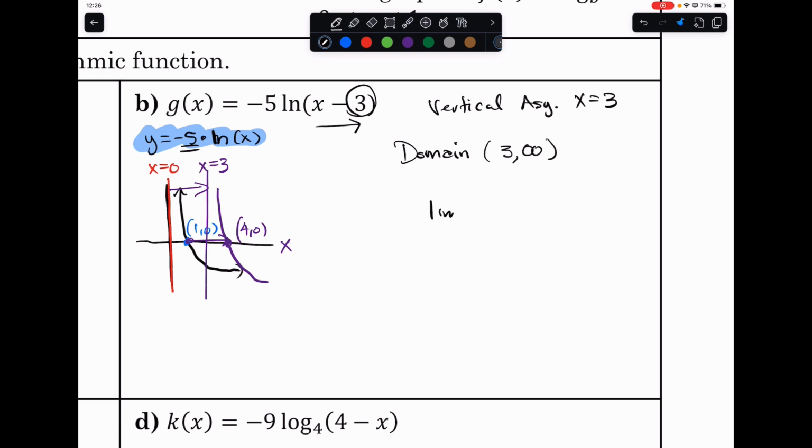Now the end behaviors have not changed from this example here. Since this is decreasing, the left end is still pointing upwards and the right end is still pointing downwards, as you see right there. But what's changing, at least in terms of the left end behavior, is that x is not approaching 0 anymore. Since the vertical asymptote is 3, x is approaching positive 3 from the right side.